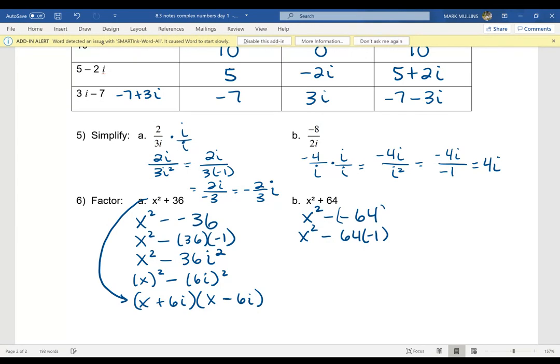The -64 we made into a 64 times -1. Now we're going to replace. We're going to let -1 equal i squared. We've been subbing that the other way around, putting in a -1 for i squared. Now we're going to put an i squared in for -1. And then from here, I can go ahead and factor. I'll have x plus 8i times x minus 8i.